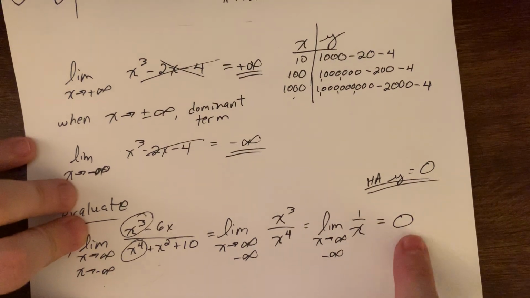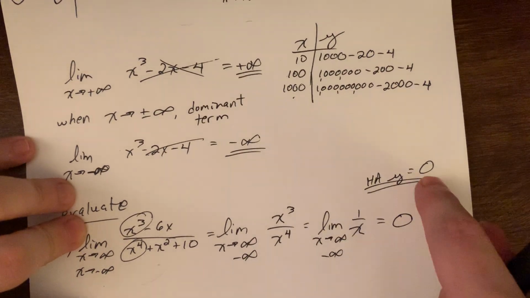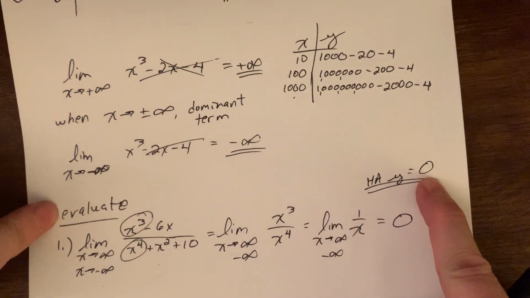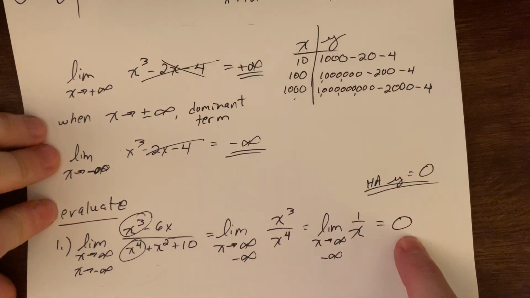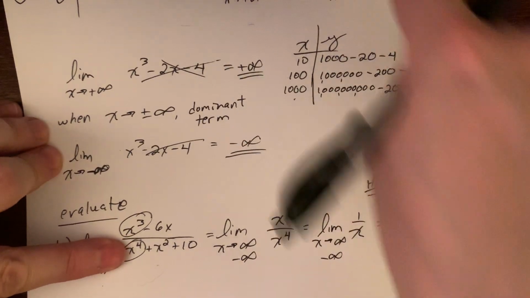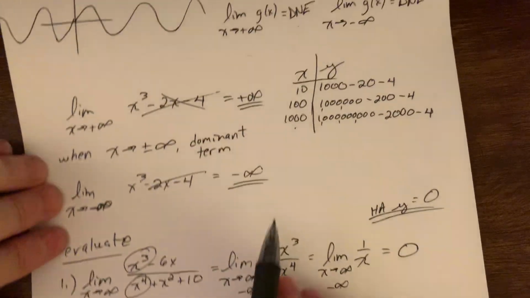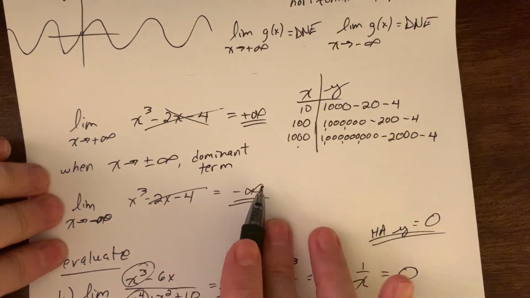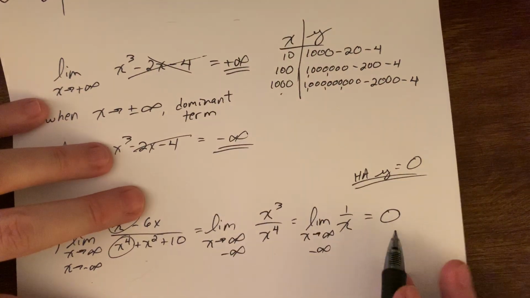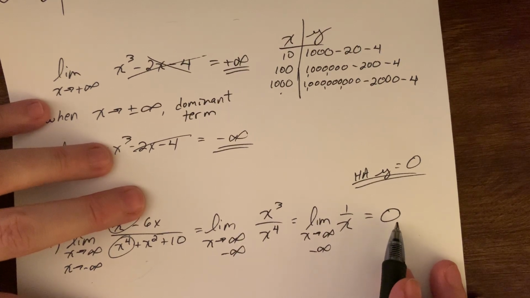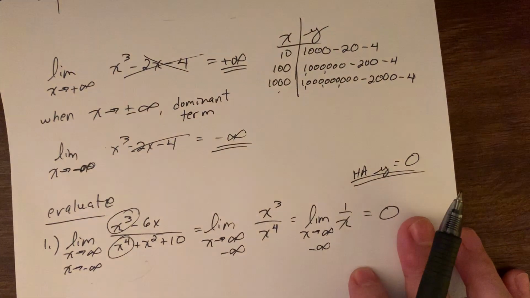That's just interpreting what this is telling us. You don't have to put that note here. Just evaluate the limit, the answer is 0, but I want to reconnect with what we were saying up here. If we get these limits are infinities, that's not a horizontal asymptote, but if we get a nice number at the end here, that is a horizontal asymptote.